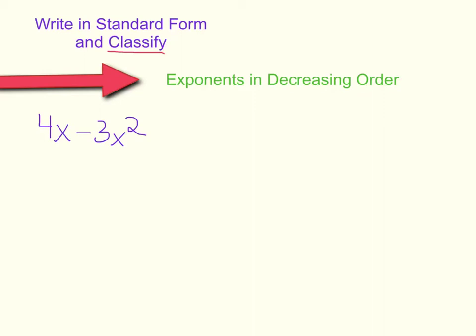To write it in standard form, exponents need to be in decreasing order. 4x technically means it has exponent 1, so we need to write negative 3x squared first, and then a positive 4x second. So it's now in standard form. Now we need to name it. Highest exponent is 2, so that means quadratic, and it has 2 terms, so it's a binomial. It's a quadratic binomial.